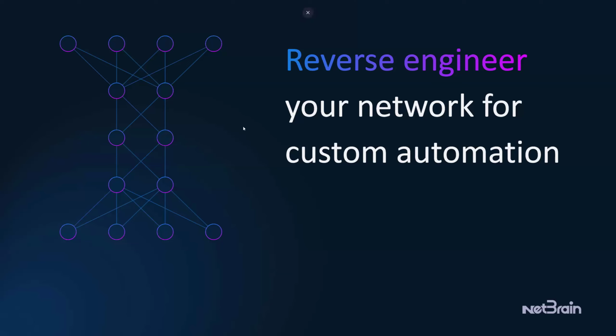And how we do that is very simple. In the next couple of slides, I'm going to walk you through how we reverse engineer your golden design, your key critical assets, all of this, and then convert this into automation. This way, you don't have to be responsible for creating this automation in NetBrain. So let's see how this is done.